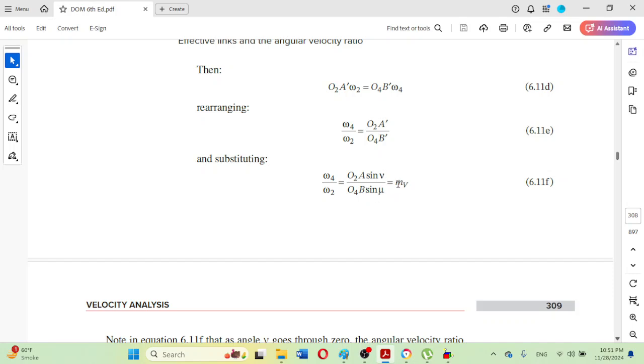So this is also equal to the angular velocity ratio. So this is the third way of calculating the angular velocity ratio in terms of the physical or fabricated lengths of the links.